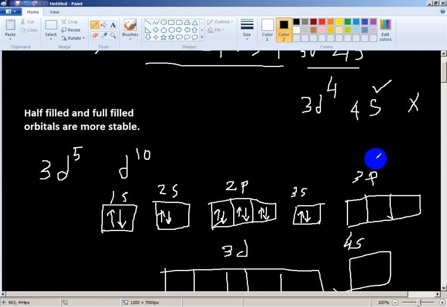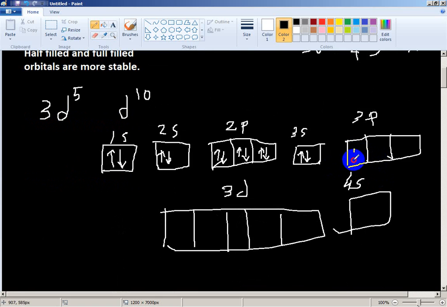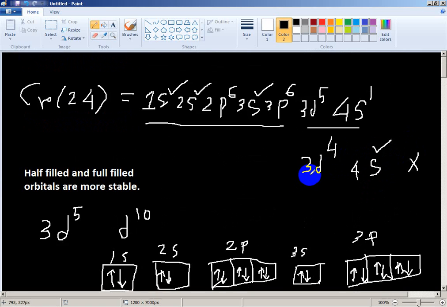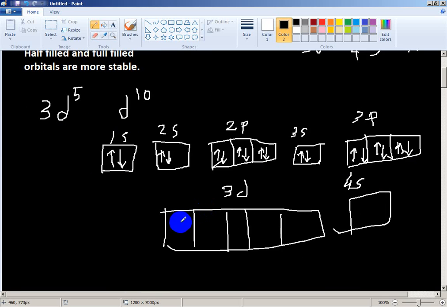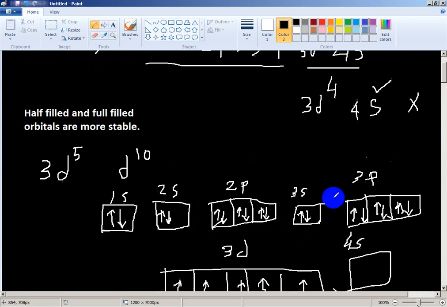Here also 6 electrons in 3p: you write 1, 1, 1, then 4, 5, 6. Okay, this is the 3d5: 1, 2, 3, 4, 5. Okay, and the last is 4s1.